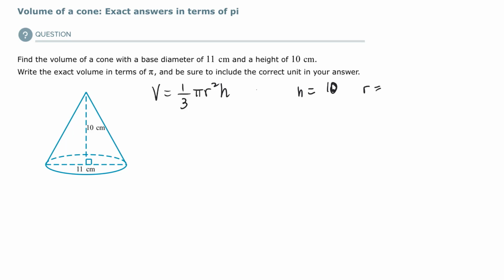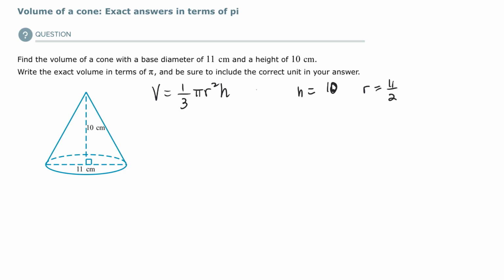And we're going to write r to be 11 halves. How about that? And we're going to find the exact volume in terms of pi, the exact answer. So exact answer, which means we're going to leave the answer in terms of pi. Very, very important computation in algebra. Exact answers are great.